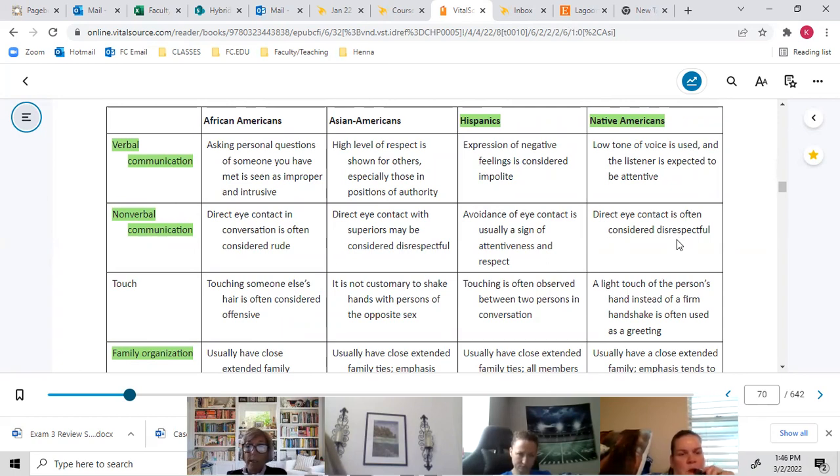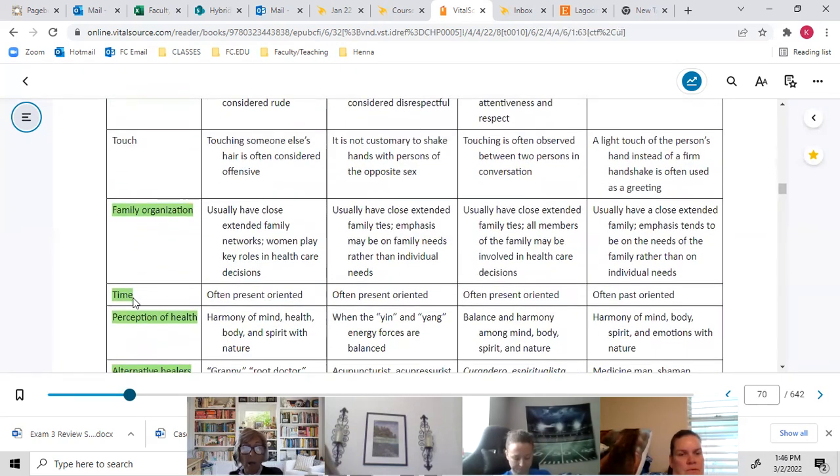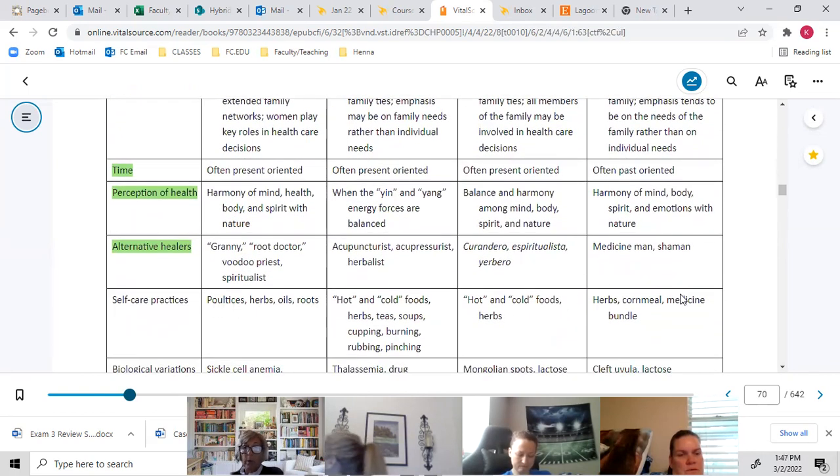So you may be presented a scenario and asked which culture it identifies. Hispanic population with regards to time is often present oriented, but the Native American community is often past oriented. So what does that mean? Here's an example with regards to Native Americans as a community health nurse.